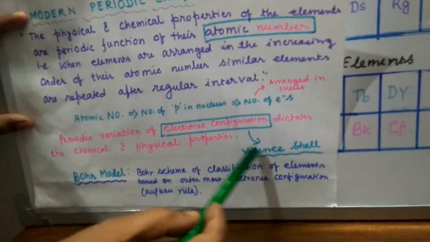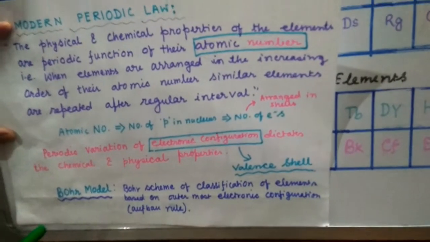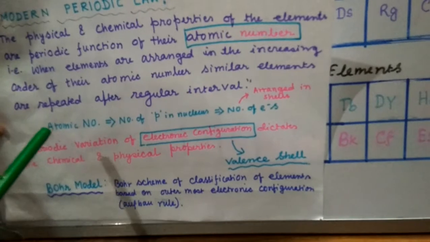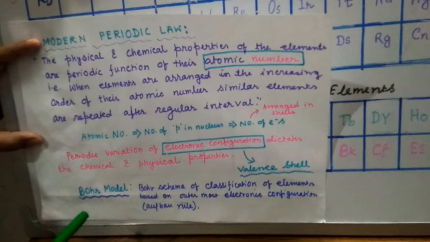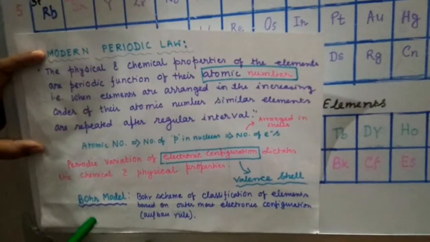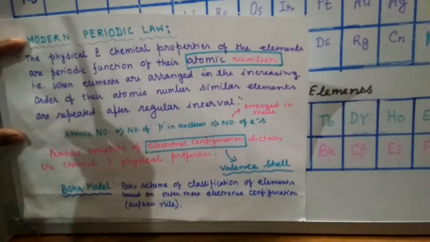Electronic configuration here means mainly the valence shell electronic configuration. The electronic configuration of elements is based on the Bohr scheme and the Aufbau rule. So this modern form of the periodic table is also called the Bohr model.